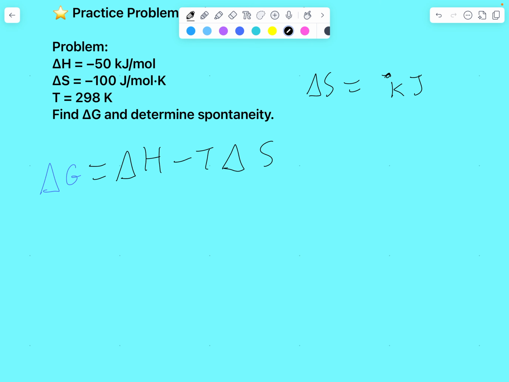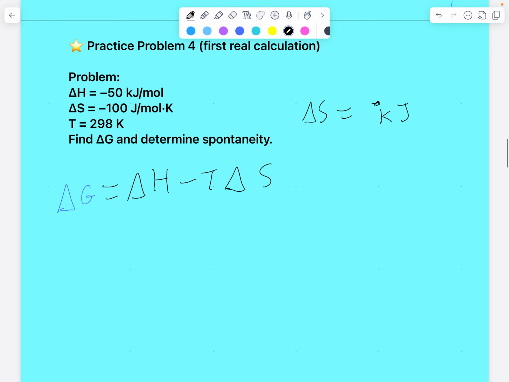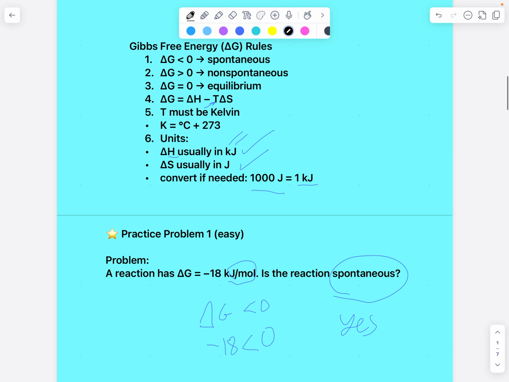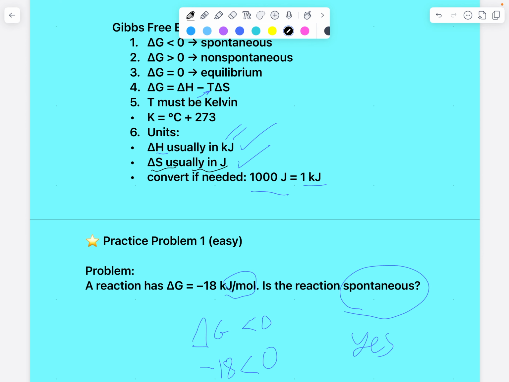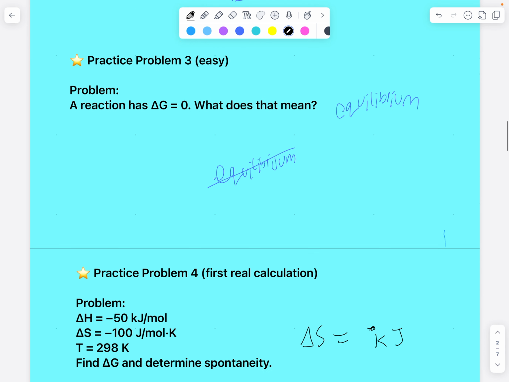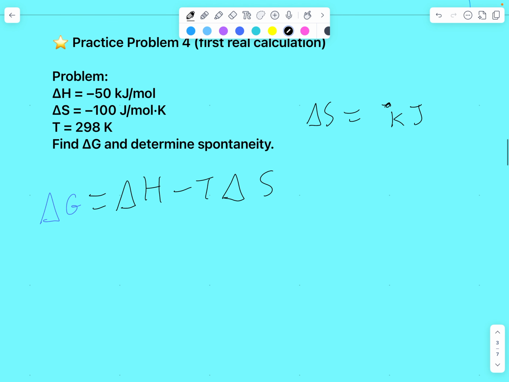I want all of this in kilojoules, but you're usually going to get them, again, delta S usually in joules, delta H usually in kilojoules, I mean given to you. So you're going to take the delta S and convert it into kilojoules.